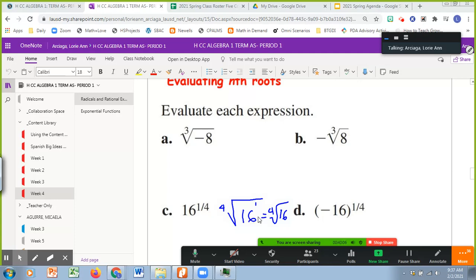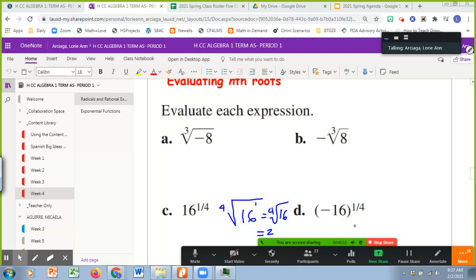So you answered here positive 2, right? It can actually also be negative 2. Why? Because when you multiply four negatives, it will also become positive. So strictly speaking, there's two possible answers, but our calculators only show what we call the principal or the primary root.